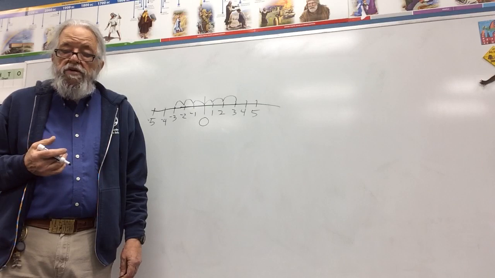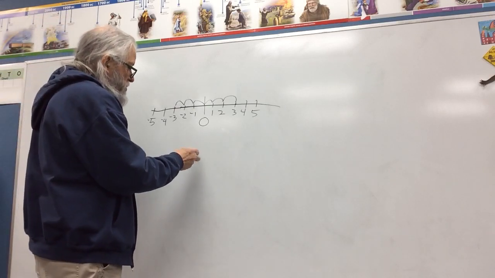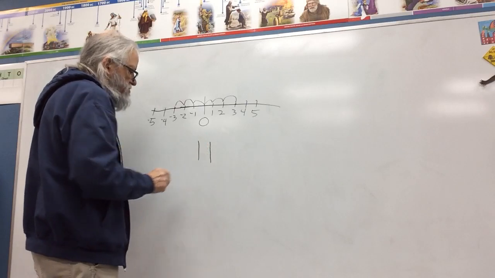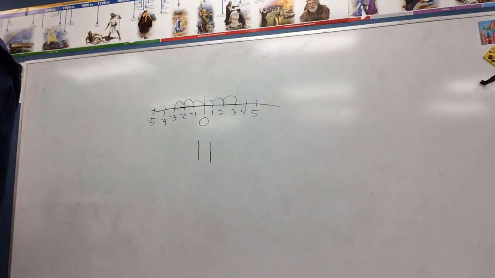All right? So then it shows you the symbol. The symbol for absolute value looks like 2 parallel lines. Okay?